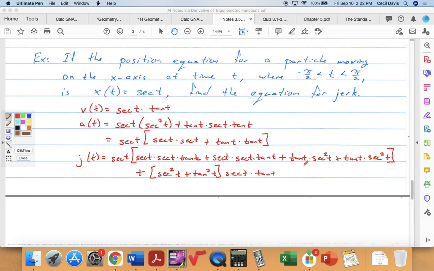Yeah, occasionally on these I have students who go, yeah, I turn my paper sideways.